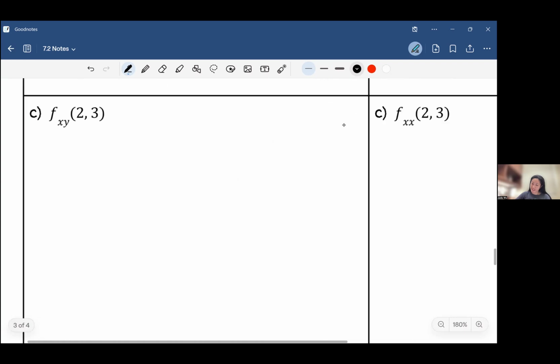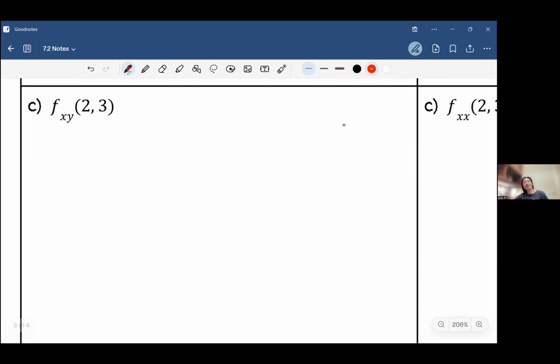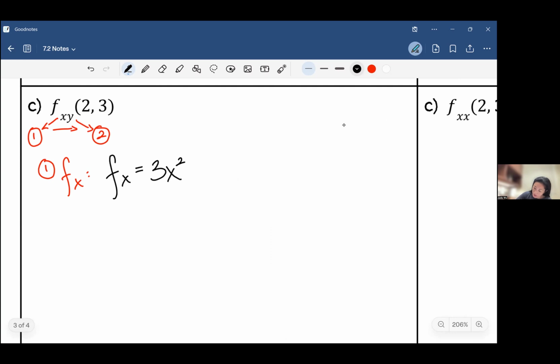All right. So we are doing the fxy notation, all right, which means we get to do it in exactly the order we see it. So we are first going to find our fx, and then our second derivative will be with respect to y. All right, so let's find our fx, and fx from above we had was 3x squared y, right?